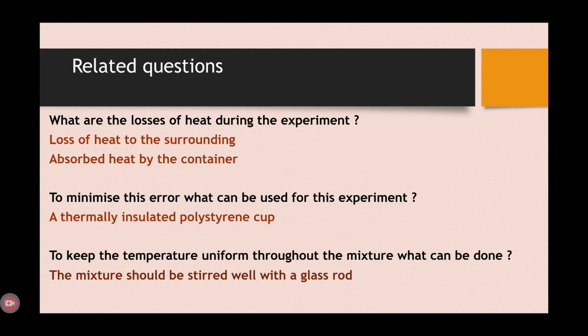Then to minimize this error, what can be used for this experiment? A thermally insulated polystyrene cup. It is used to minimize the error that occurred after loss of heat to the environment.